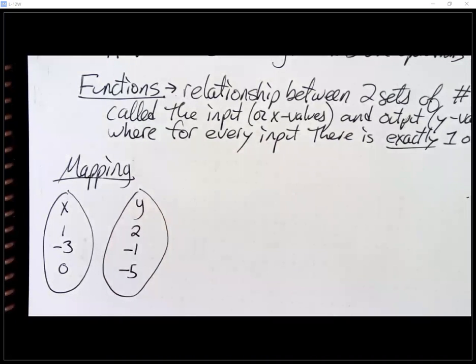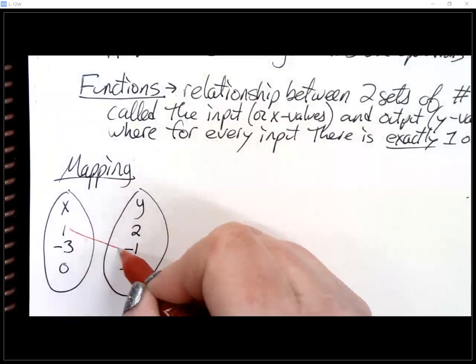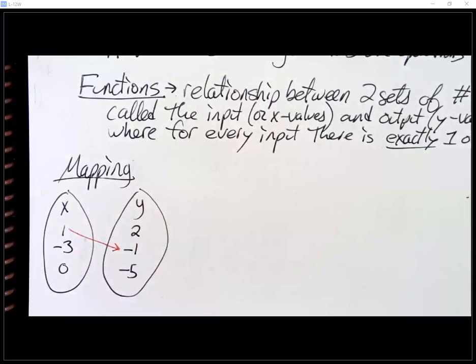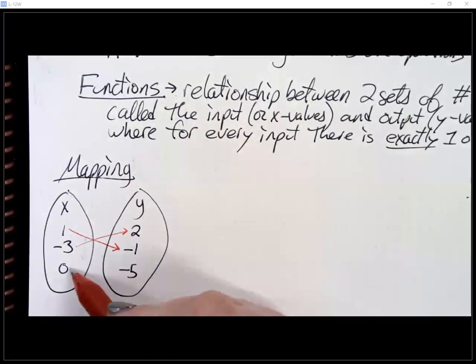So these in my X bubble are all my inputs. So if I put in +1, if I want to show you what I get out as a Y, I just draw an arrow. So let's pretend that when you plug in a 1, it spits out a -1. If you plug in a -3, let's pretend it spits out a +2. And let's pretend that if you plug in a 0, it spits out a -5.